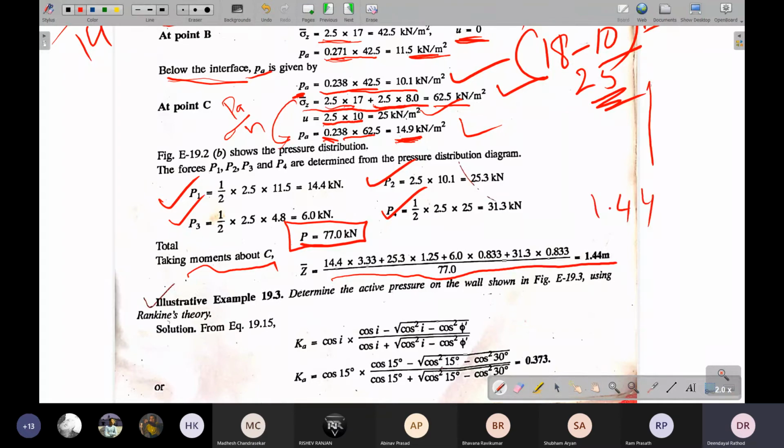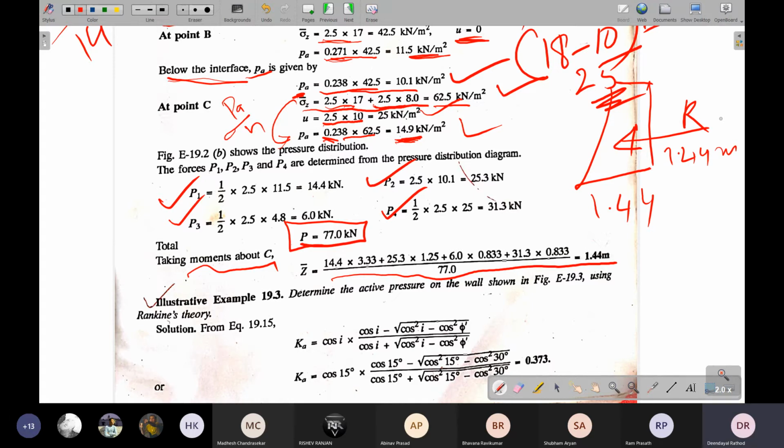That means, suppose this is the wall, the resultant will act at a height of 1.44 meter. This is the resultant of all the triangles and rectangle. Understood? So like that, generally we will find out all these things.